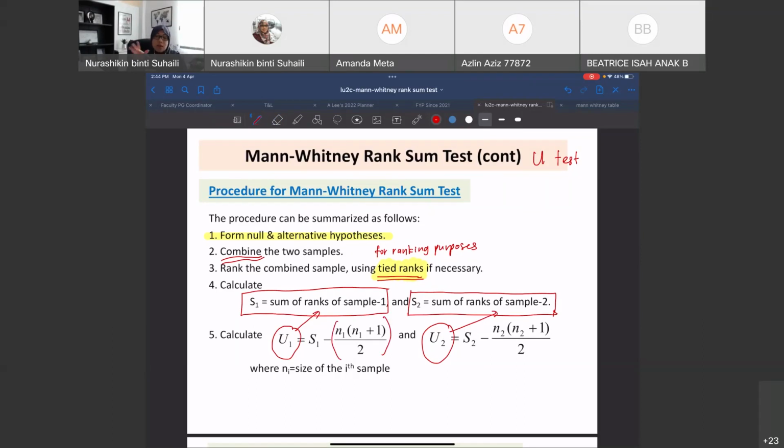You have to settle it first before you subtract from S1. Same goes to this one. The pattern is the same, but you replace N1 with N2 in the expression, and N1 and N2 here refer to the number of data of sample 1 and sample 2.